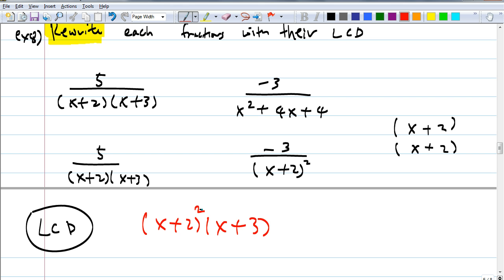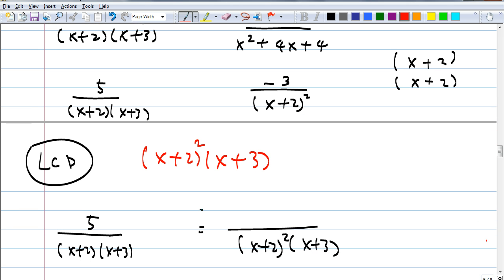So now that I have the LCD, how do I rewrite them with their LCD? Well, this is kind of like the example that we just did. It's like filling in the blank, right? We used to have x plus 2 times x plus 3 as my denominator. I want the denominator to look like this: x plus 2 squared times x plus 3. Judy, what do I need to multiply this fraction by so that the denominator will look like this?